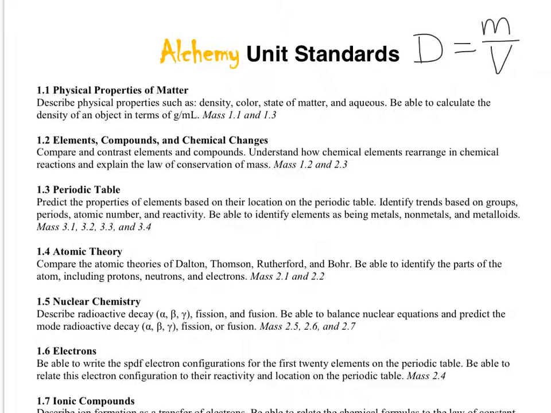It'll make things easier later on. I also want to point out that you will always have a periodic table available to you on a given test or at any point. I will never take the periodic table away from you. You can always use it in this class for anything.